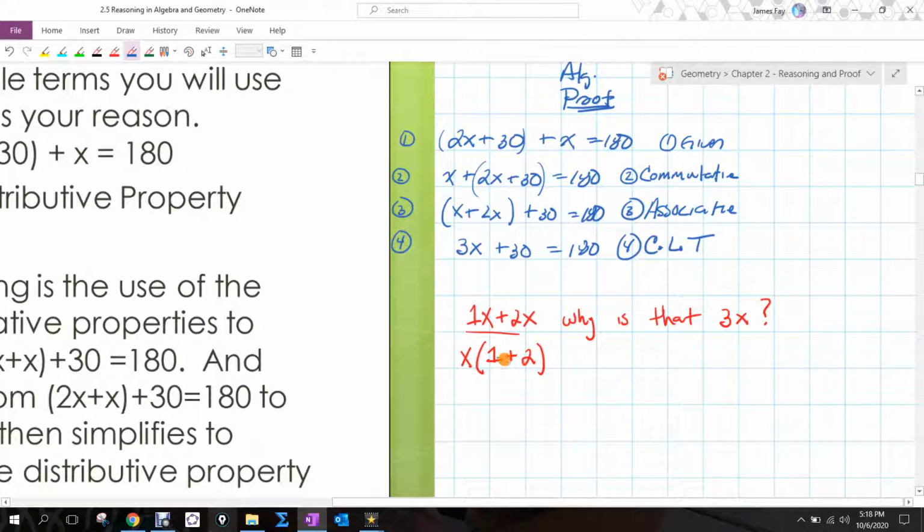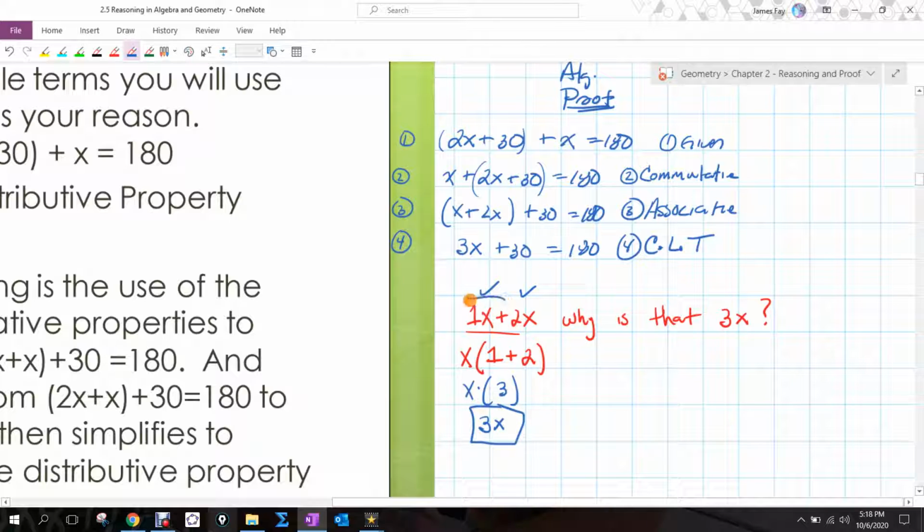If I apply the distributive property to this, x times 1 is 1x, and x times a positive 2 is 2x. So I can rewrite it this way, and now order of operations tells me to look inside those parentheses and rewrite that as a sum of 3. Now we have a variable times a number, so we rewrite that as 3x.